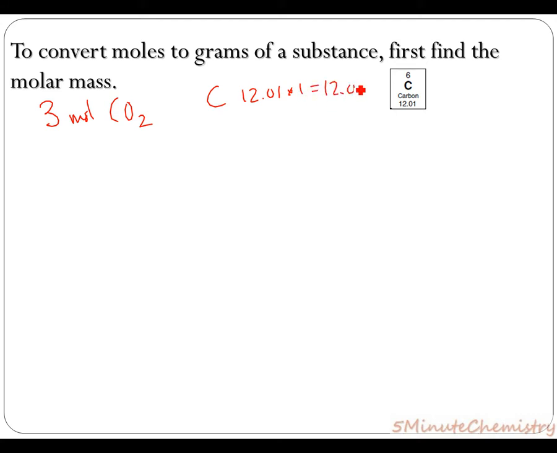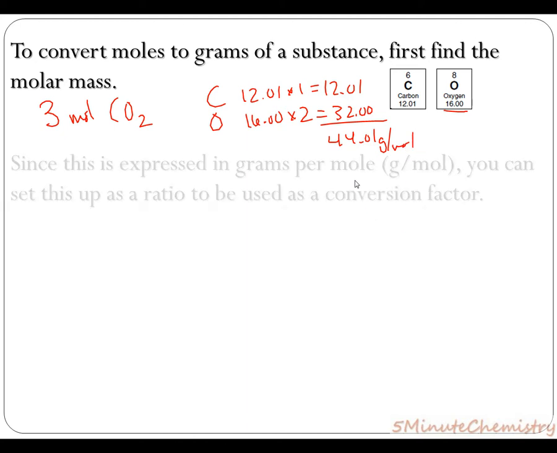We only have 12.01 contributed from carbon. But oxygen, with its mass of 16, I have 2 of these in the substance, so multiply that by 2. We get 32.00, which is going to add up to 44.01 grams per mole.